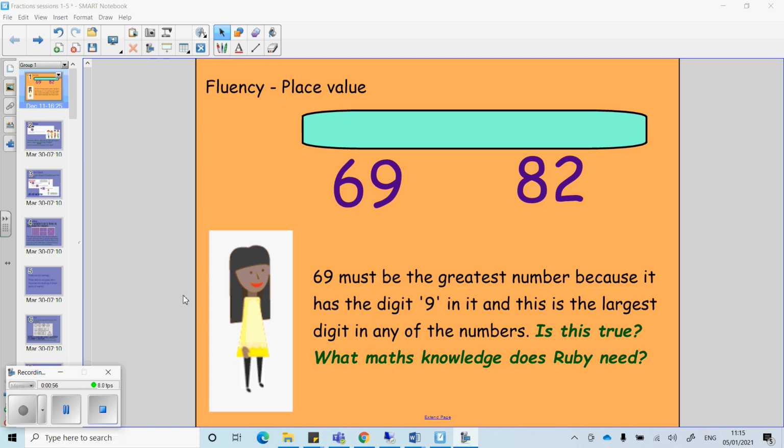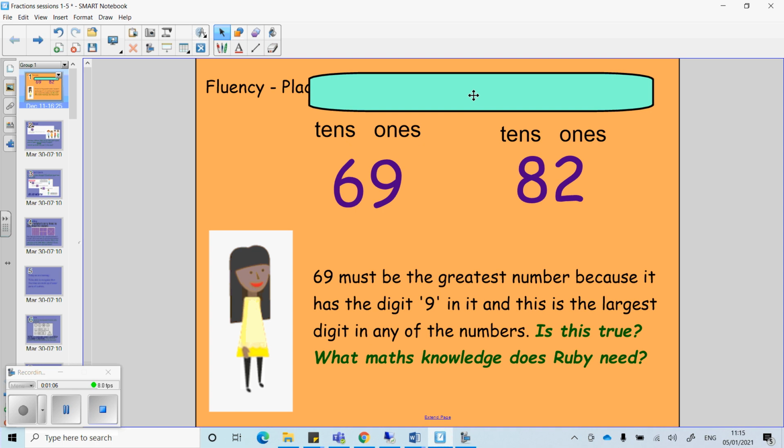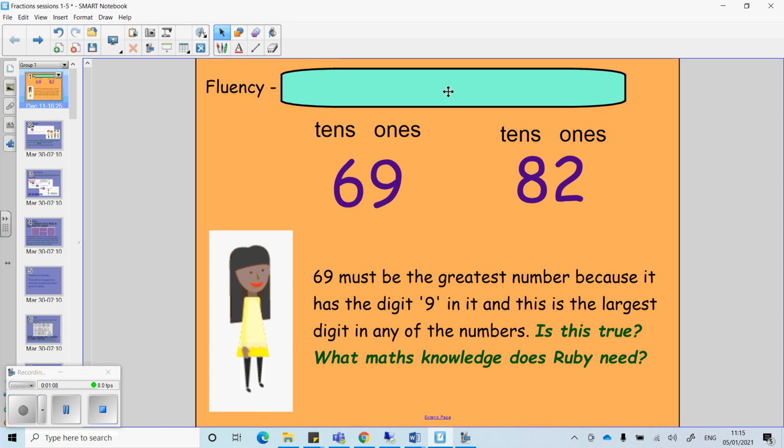Okay, hopefully you've had a think or a talk, and now we're going to discuss. So if I move my bar away from the top here, we can see the knowledge that Ruby needs is that numbers are made up from tens and ones.